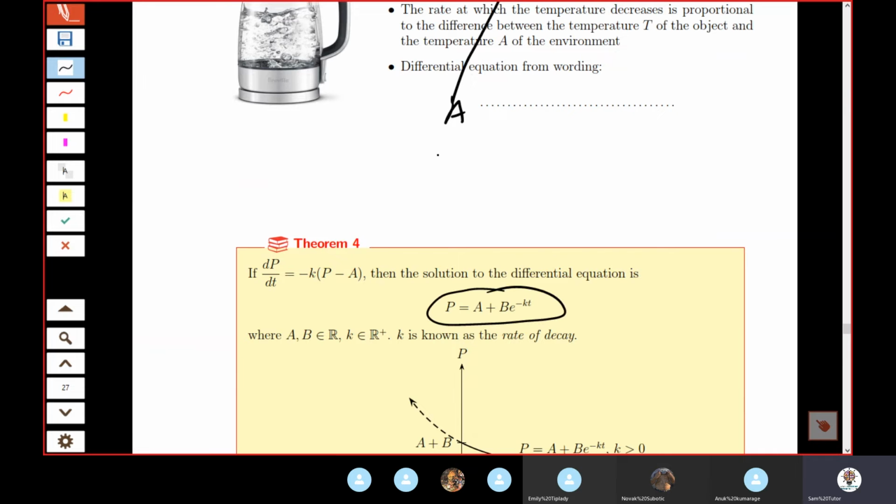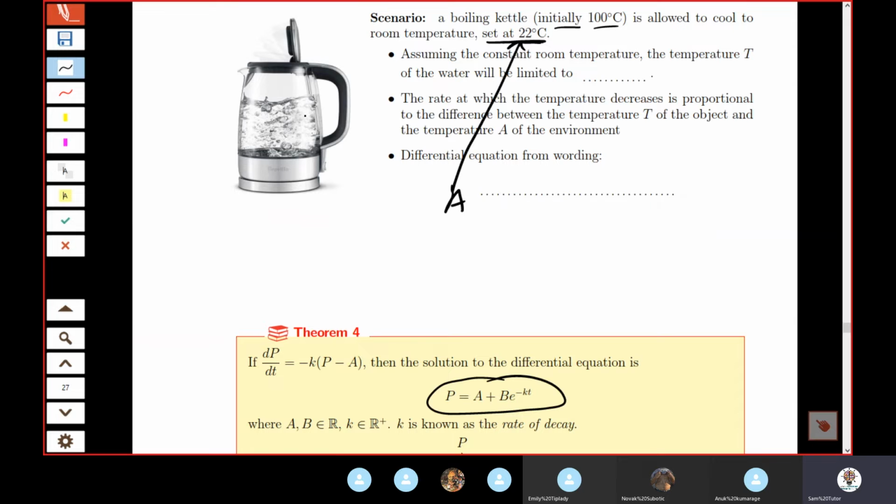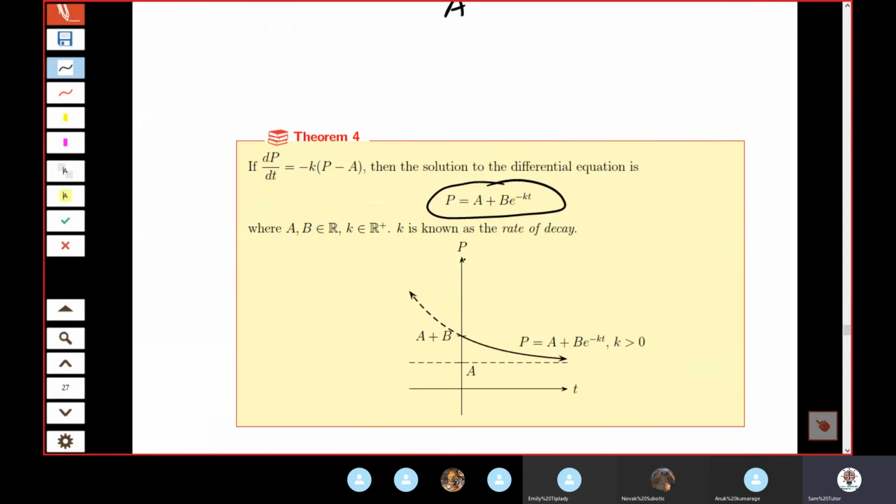Because if I poured water into a mug from 100 degrees, eventually that water will cool down until it's back to room temp, which is 22 degrees. And that's what that value of A is going to be. And of course, that's the same thing with decay.